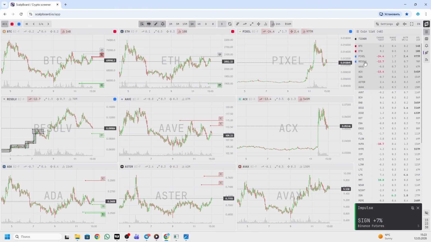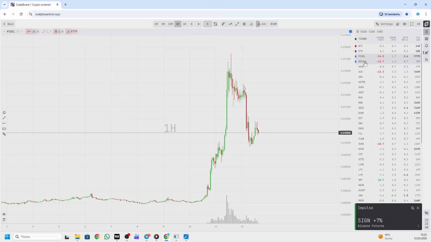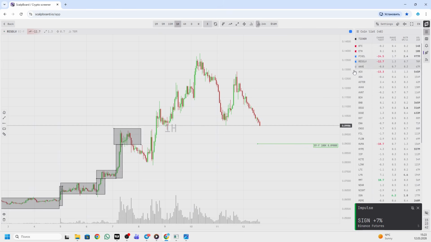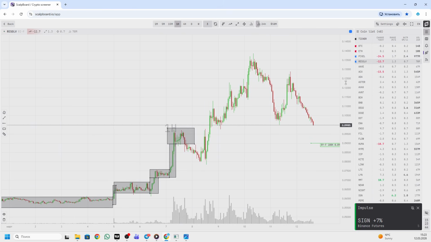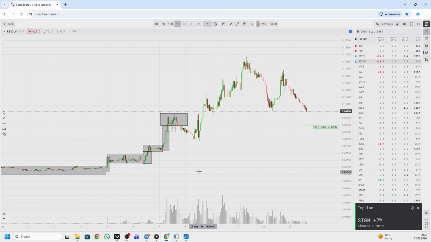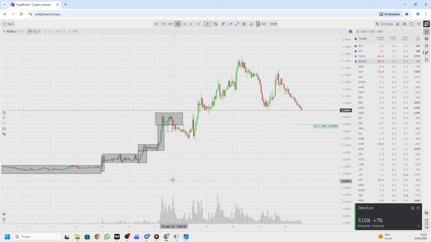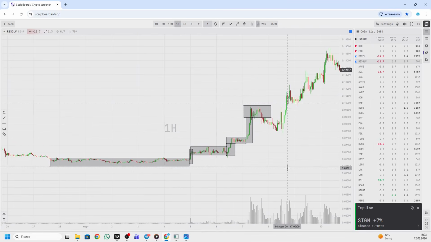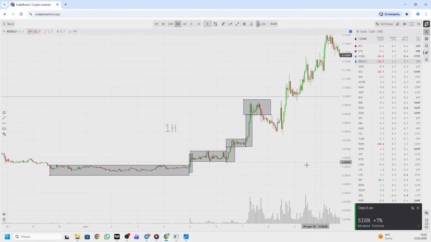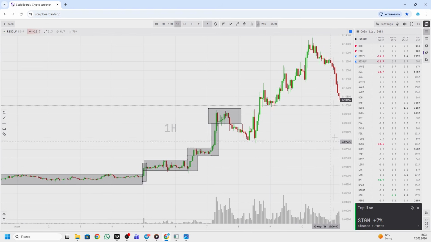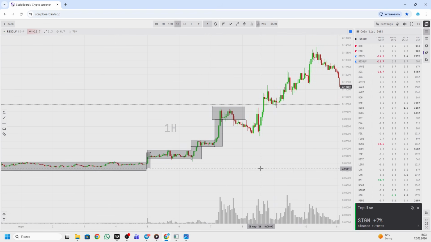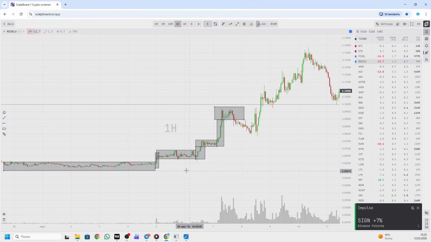Well, let's take here, for example. Oh, what a wonderful trend. Let's take this part of the chart. Look what's happening here. First, we had a long accumulation phase right here.